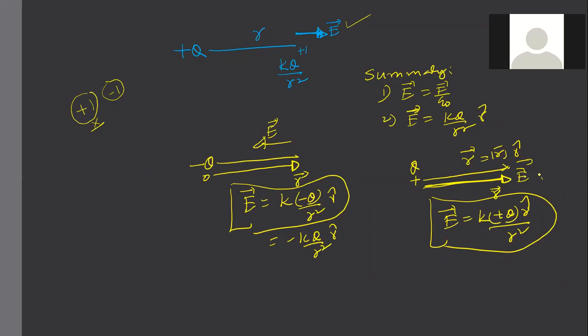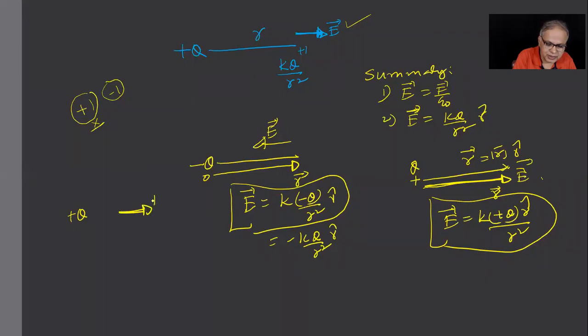Sir? So we can do it in vector form or the normal method, finding the magnitude and then saying the direction. It all depends on the question, dear. For a good visualization, you'll go with the geometrical way. Geometrical way means I'll put plus Q and put E's direction like this, and then write the magnitude, E equals KQ by R square.